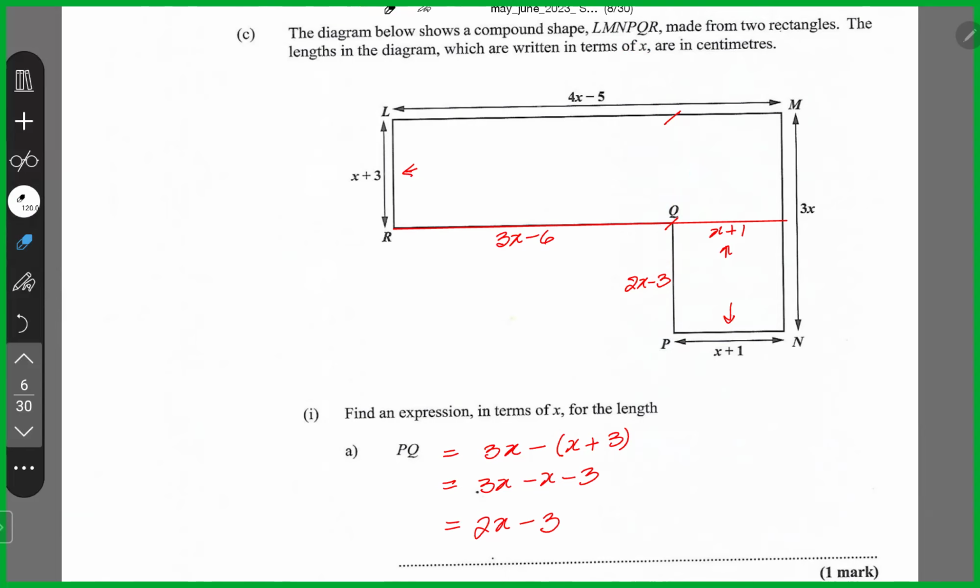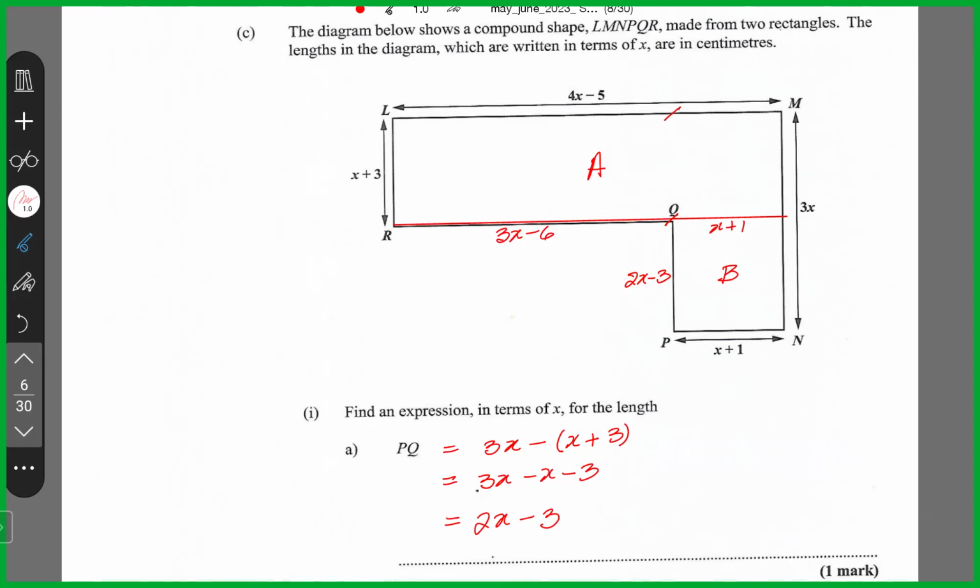Let's call them rectangle A and rectangle B. So this is rectangle A and this is rectangle B. And what we can do is find the area of the two rectangles and then add the areas together to get the total area.